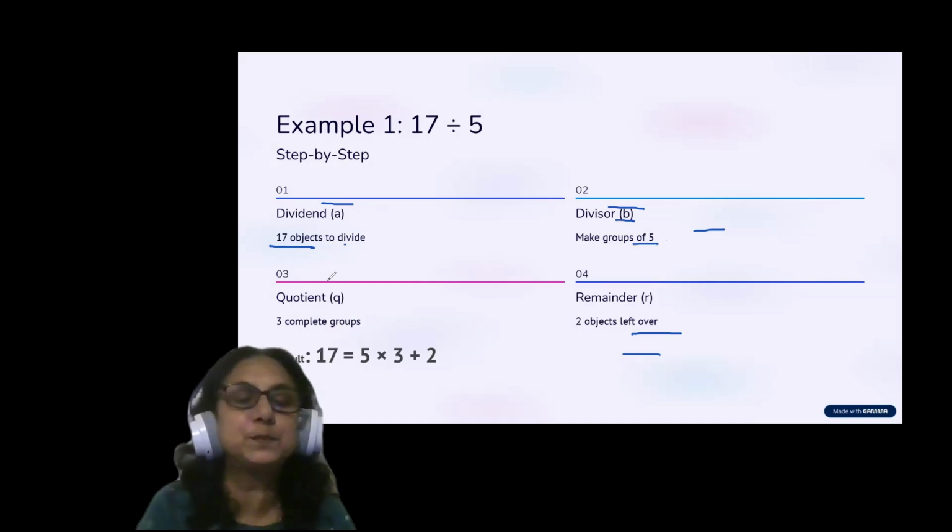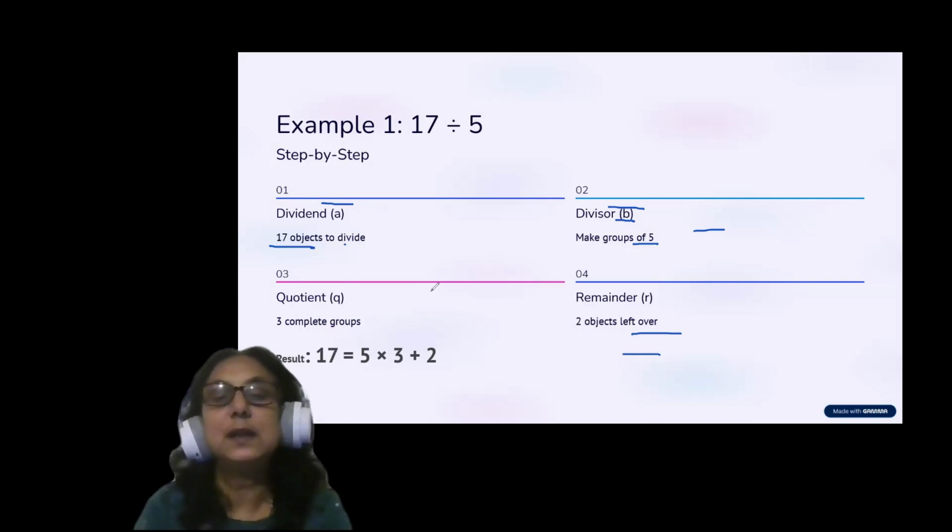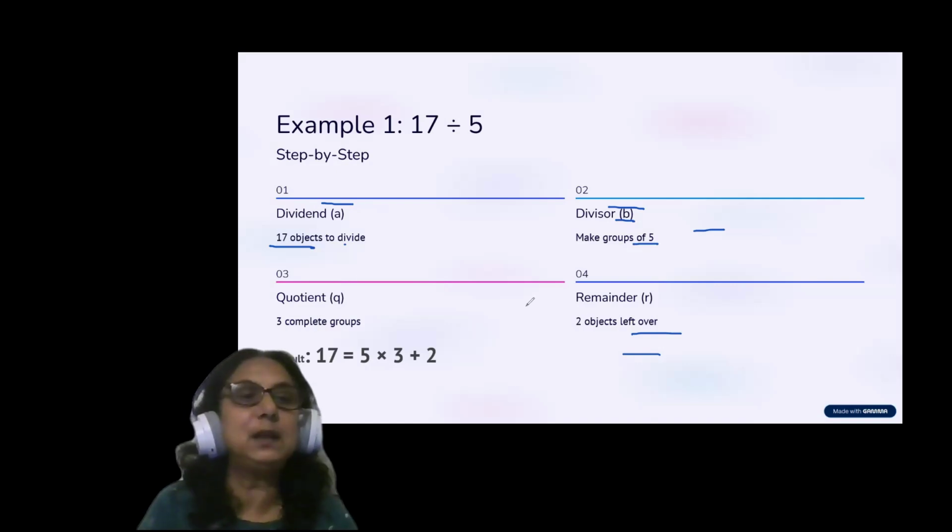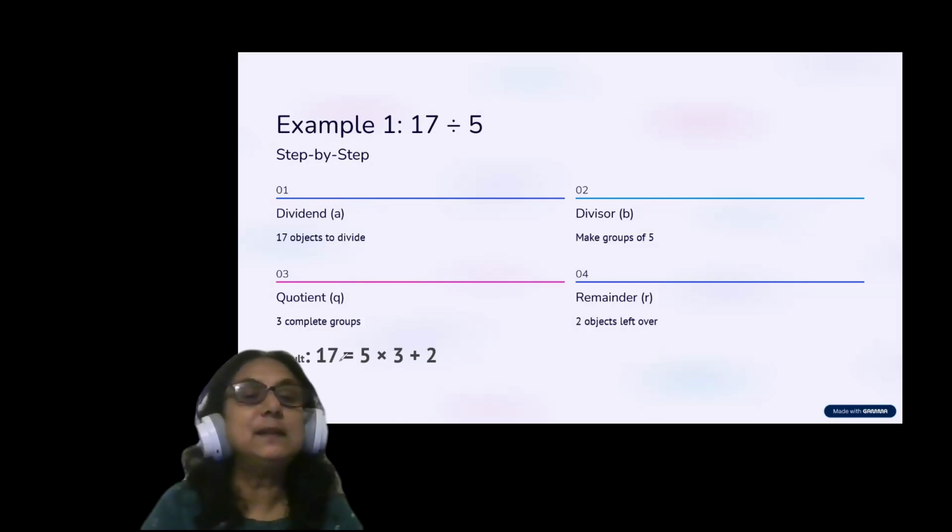And the remainder is the leftover. When we divide 17 by 5 we get 3 complete groups and a remainder of 2. So this is the form of Euclid's division lemma.